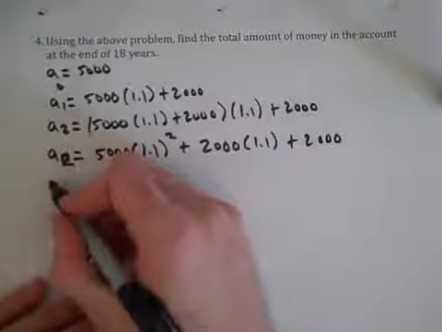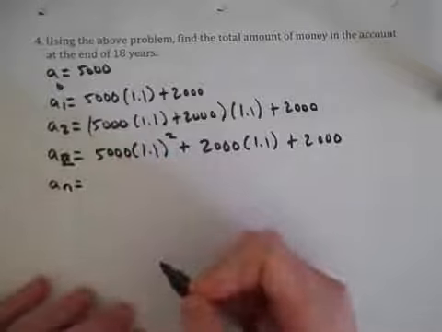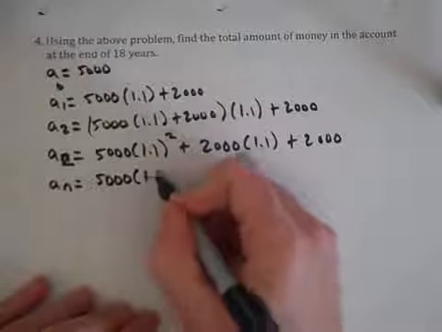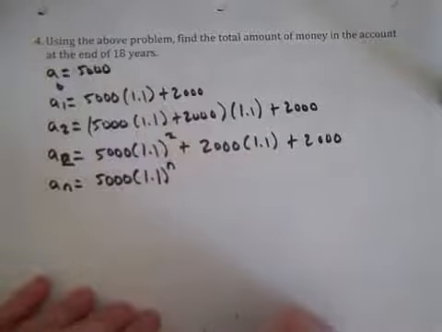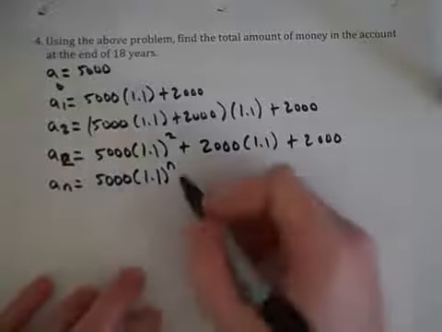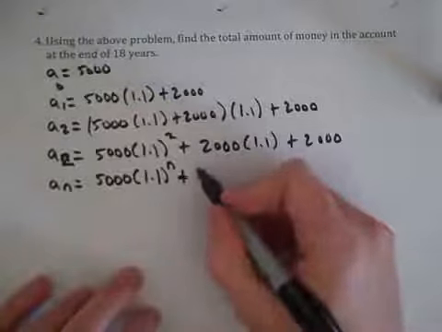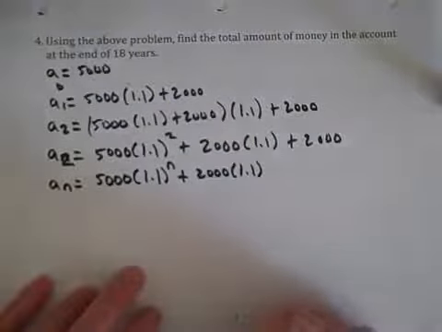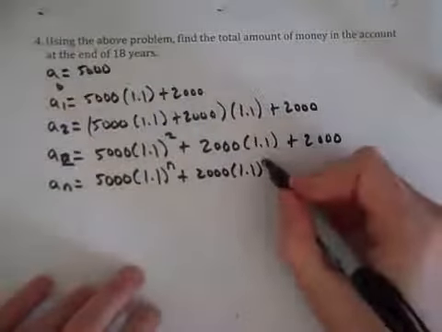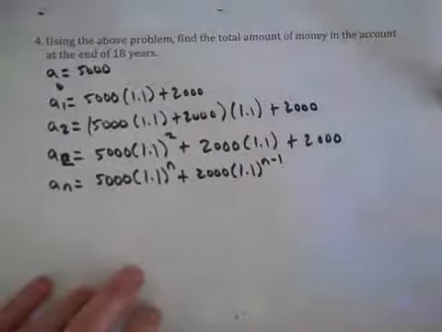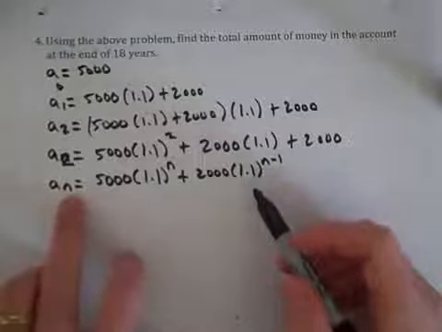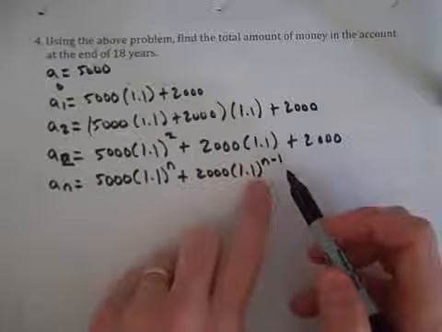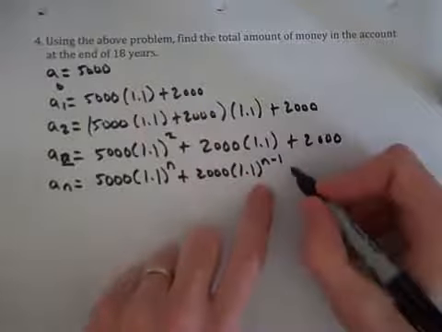So it seems like for any amount of years, you have this: 5,000 times 1.1 to the n plus, now it's 1.1 to the n minus 1, because if n was, in this example, 18, the highest amount here is going to be 1.1 to the 17th.